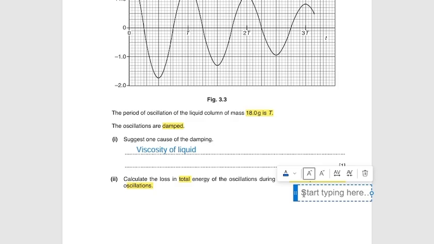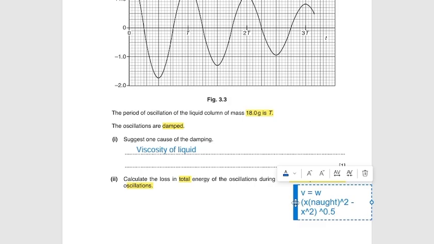V can also be plus minus omega, under root, x naught square minus x square, and this is raised to the power 0.5, which is again under root.